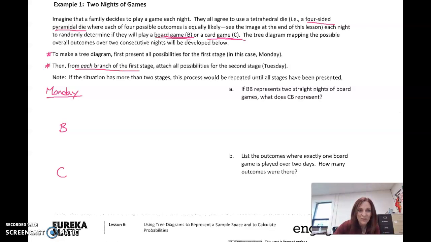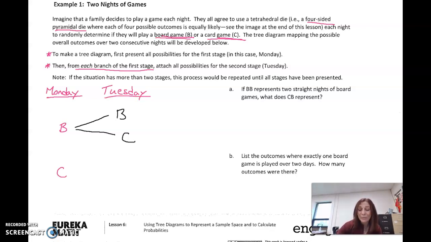from each branch of the first stage, attach all the possibilities for the second stage. Here's what I mean, okay? So that happens on Monday. Now comes Tuesday. What are our choices on Tuesday? Well, we're going to get to play a board game or a card game, right? So on Monday, if we played a board game, on Tuesday we could play another board game or we could play a card game.